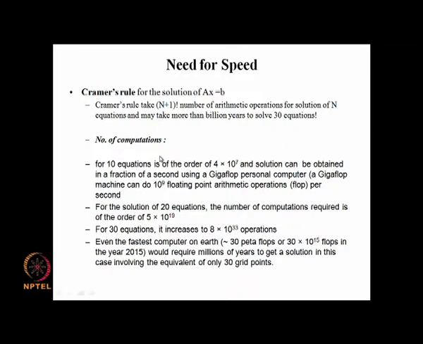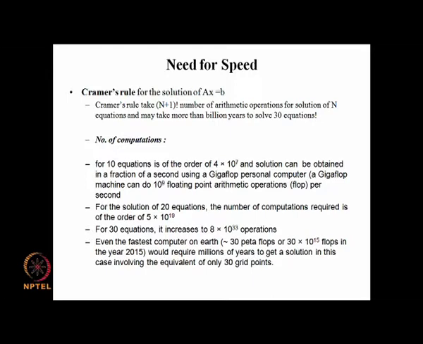Okay. So it can be shown, you can go to many elementary books, that Cramer's rule takes (n plus 1) factorial arithmetic operations for the solution of n equations. Now what does this actually mean? If you have 10 equations, then (n plus 1) factorial is of the order of 4 times 10 to the power 7. It looks like a large number, but these days we have computers which are very fast.